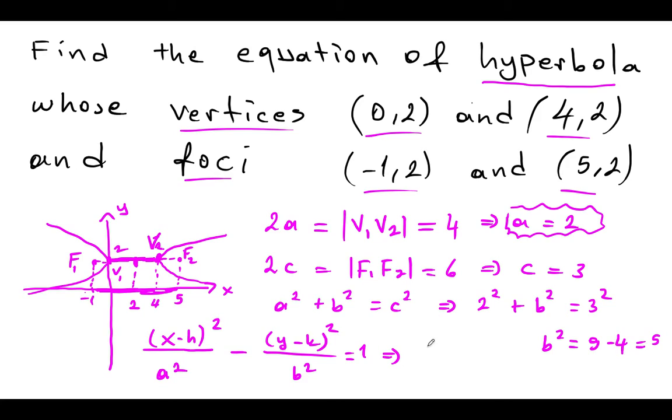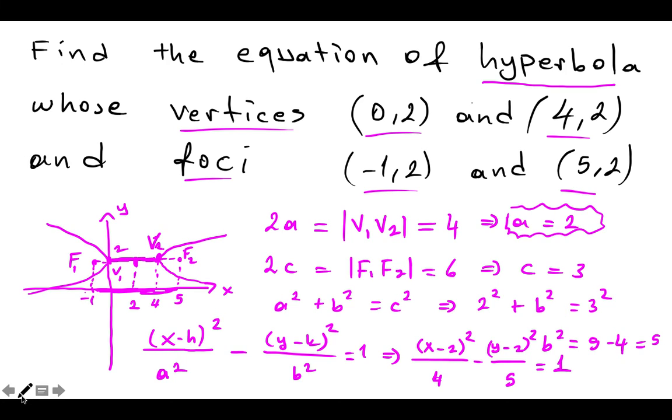So I can say that (x minus 2) squared divided by a squared, which is 4, minus (y minus 2) squared divided by b squared, which is 5, is equal to 1.